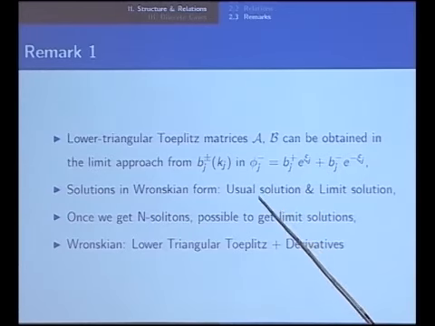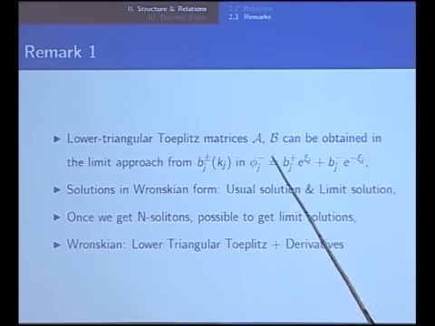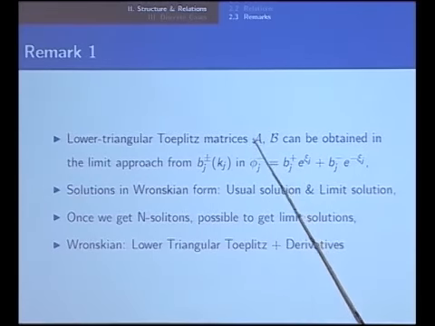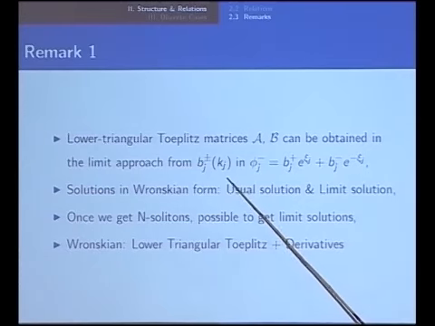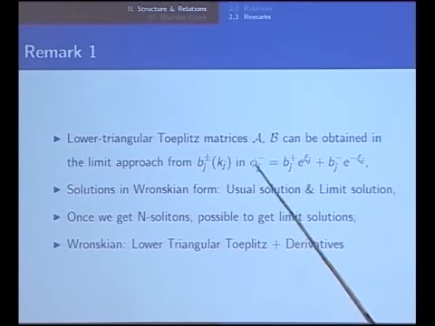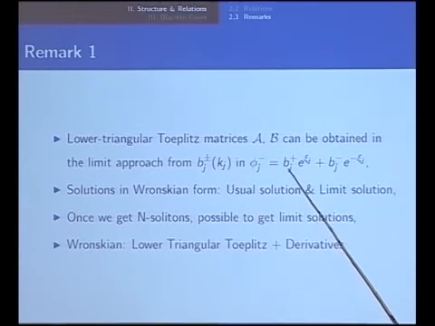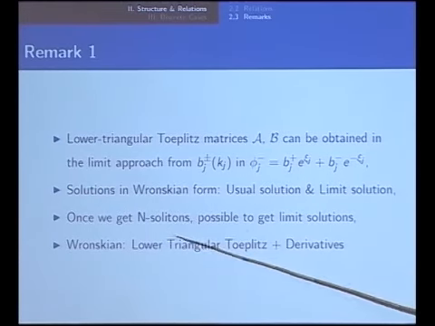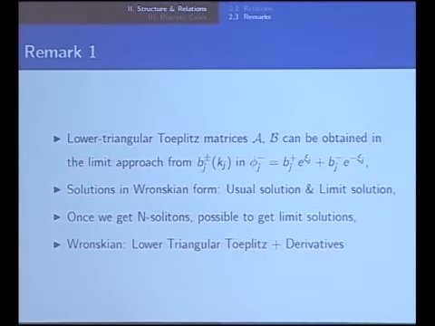So we can say solutions in Wronski form are just Euro solutions and limit solutions. The limit solution procedure is very strict and explicit. Even such a matrix can be derived in the limit approach by taking the coefficients dg as some function of k.